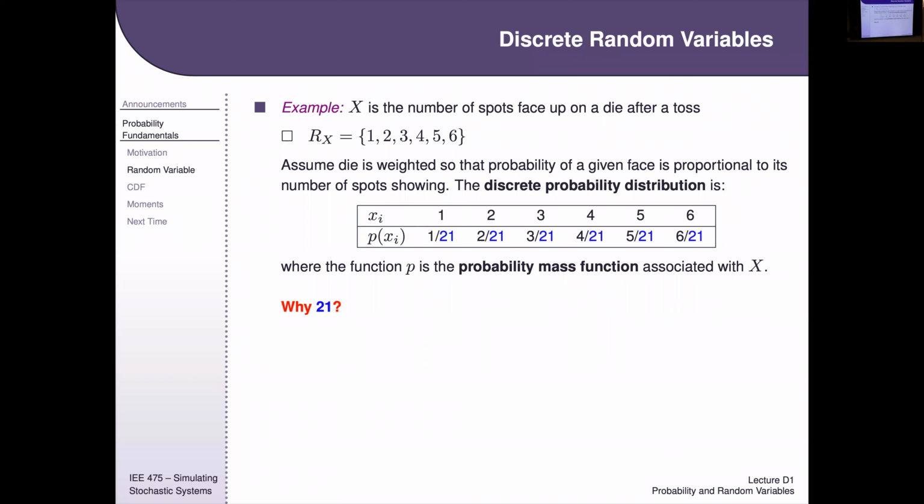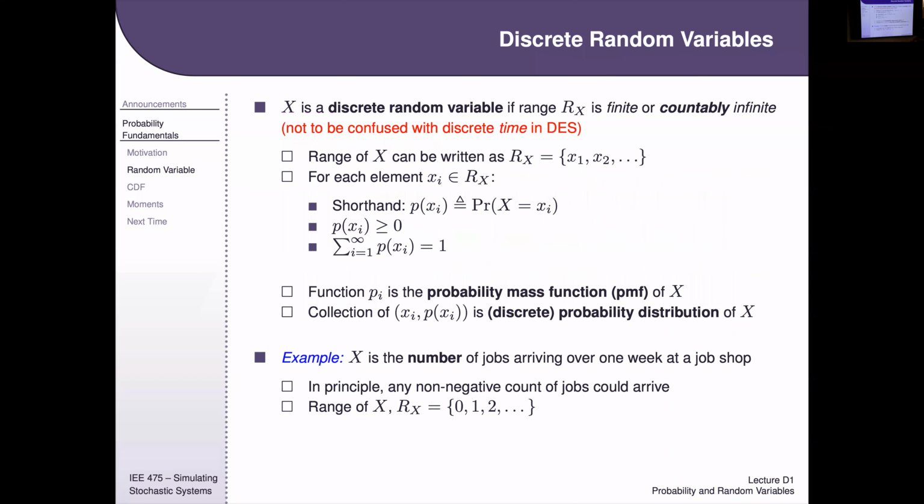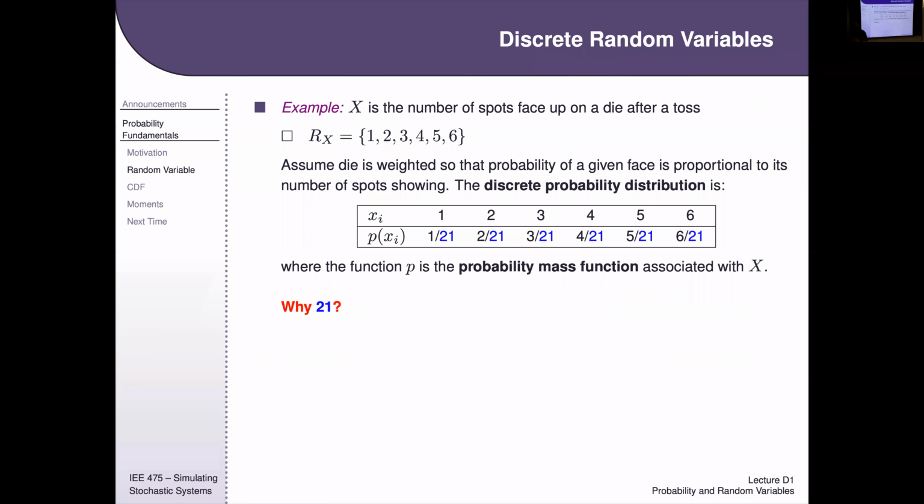That's right. If I add up all of these together, 1 plus 2 plus 3 plus 4 plus 5 plus 6 is 21. So that little property that we saw on the last page, that these all have to add up to 1, makes it actually easier when you're talking to a stakeholder to get an idea of how to build the model from them, because they will say to you things like, well, we just want to make sure that people ordering refrigerators is twice as likely as people ordering toasters.